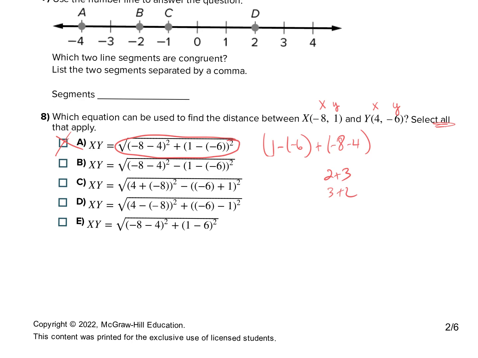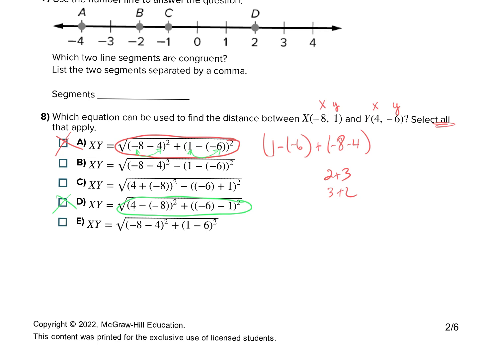Okay. Now it also asks you to select all that apply. So that is what this question is trying to get you to see, that this is the exact same problem, just these numbers reversed. Same thing. So the two formulas that would allow you to find the distance are A and D. A little confusing, I apologize.